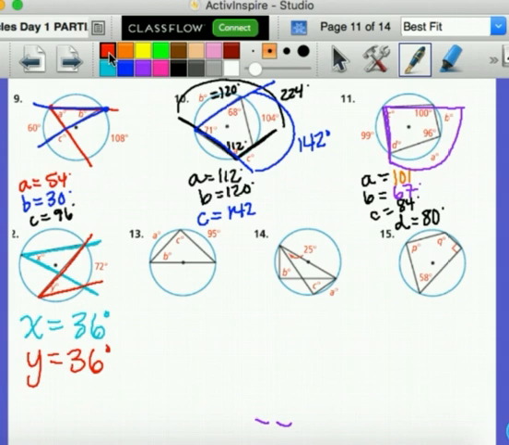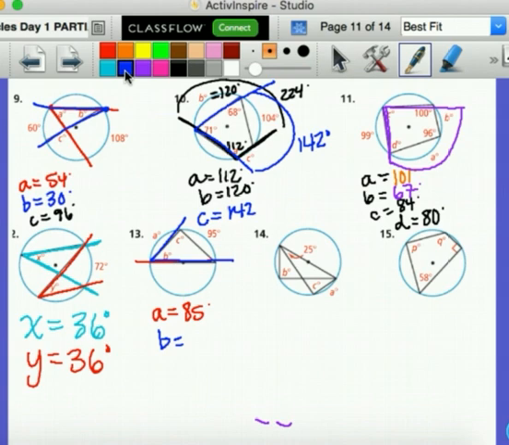We're going to do 13 together, and then I would recommend that you try 14 and 15 on your own. So looking at 13, I've got this diameter here, which I know splits my circle into two semicircles, or two 180s. So if I take 180 minus 95, I have 85 degrees for A. I also notice that angle B has its vertex sitting on the circle, and it opens up to an intercepted arc that's 95.